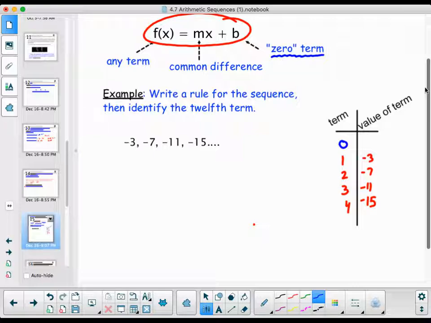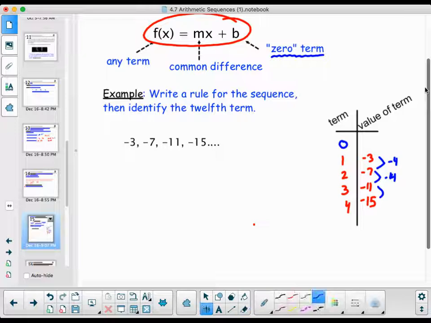Now, the common difference is basically just what is happening to get from one number to the next number. To get from -3 to -7, I'm decreasing by 4. From -7 to -11, another decrease of 4. Another decrease of 4. Not 14, 4.